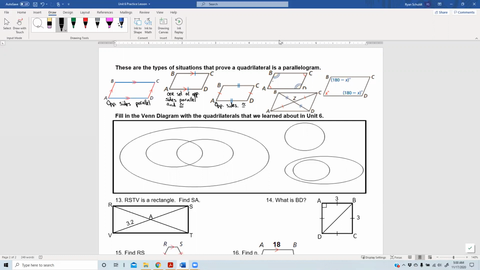This next one, opposite angles are congruent. This bottom one here, we have diagonals bisect. And this top one here, we have consecutive angles supplementary.